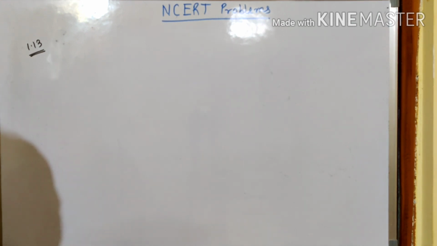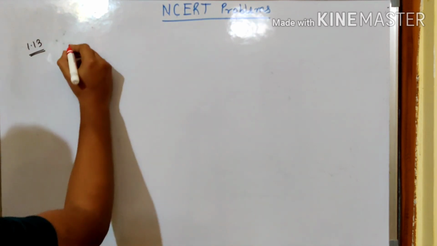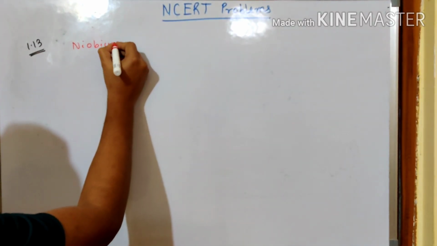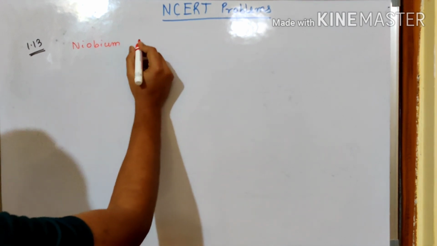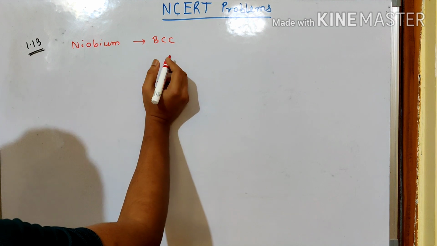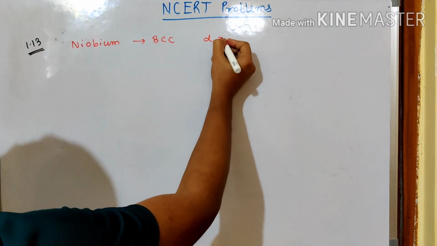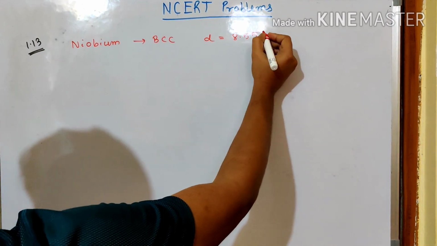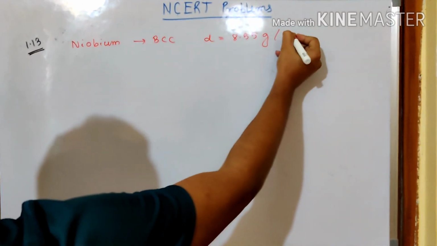The question goes like this. Niobium crystallizes in BCC structure. Density is given as 8.55 gram per centimeter cube.